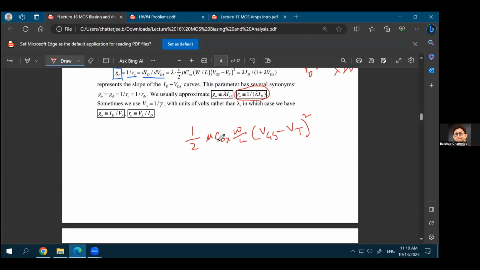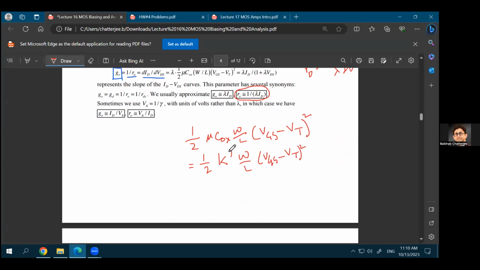So what are the different forms? You already know that mu times COX is called the process transconductance. So you can write this as half of K dash times W over L times VGS minus VT whole squared, where K dash is the process transconductance.